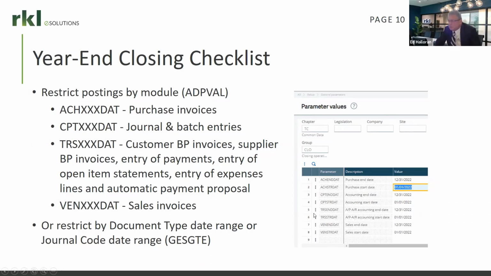So you can restrict postings at the module level. You can even go one step further and restrict them at the document type level. On your document types in X3, you can specify a valid range that document type can be used, so that people can't use that document type within the specific date range.